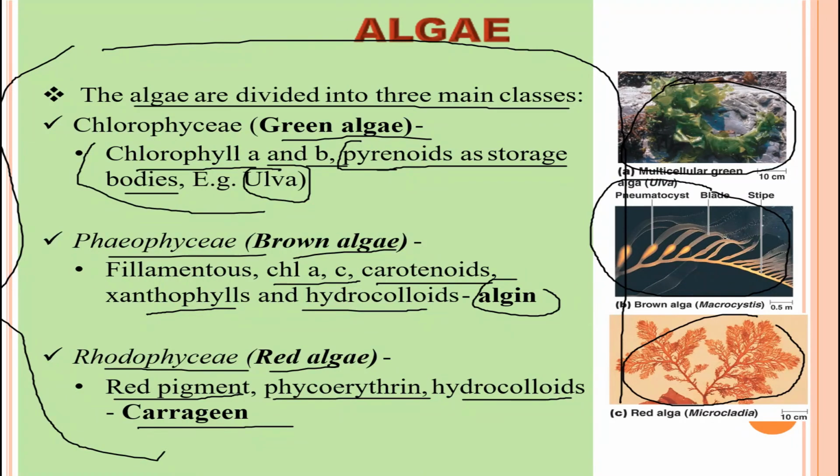You mainly just need to remember the chlorophyll types, which are different for each. Red algae contain the red pigment, phycoerythrin and hydrocolloids known as carrageen, and for brown algae it is known as algin. So these are some of the important types of algae.